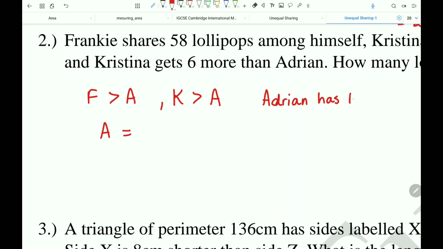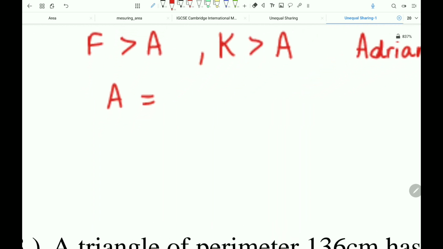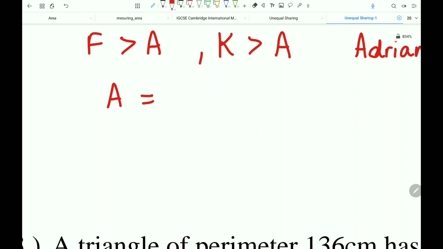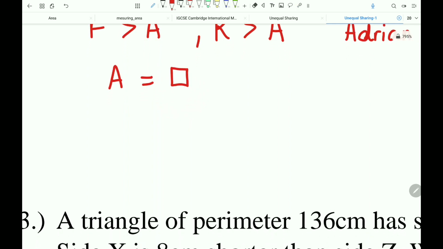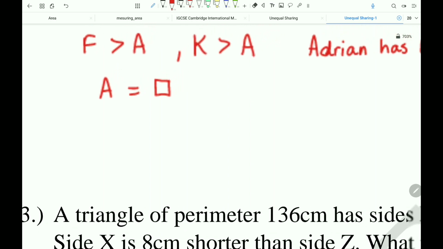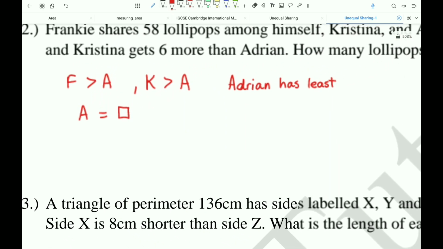So what we do with that is we put Adrian's number equal to some symbol and we use box. So this represents an unknown number of lollipops that Adrian has. Our next step is to figure out everybody else's number in terms of box.